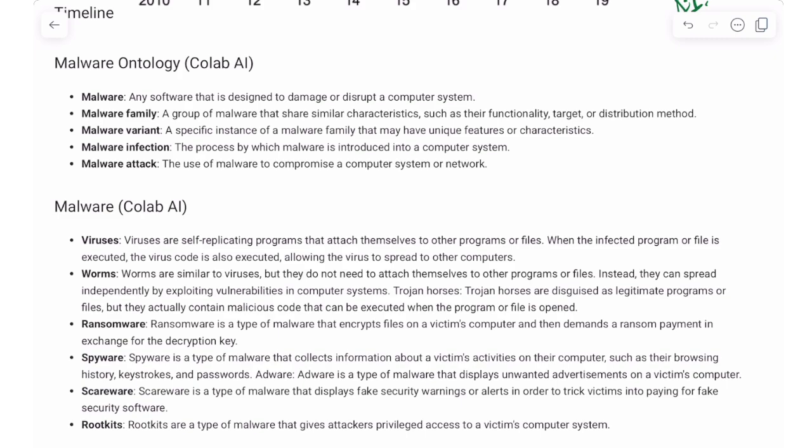So we have a concept called malware family, and the malware in the family is what we call a malware variant. Okay? So maybe they share the same functionality, the same target, the same attack vector to invade into a PC or an Android smartphone.